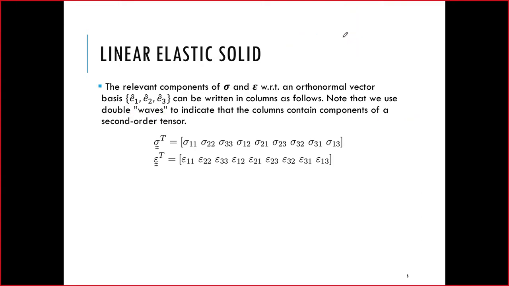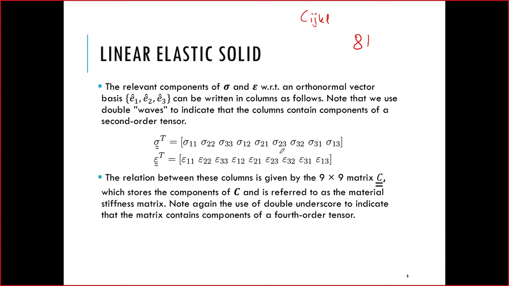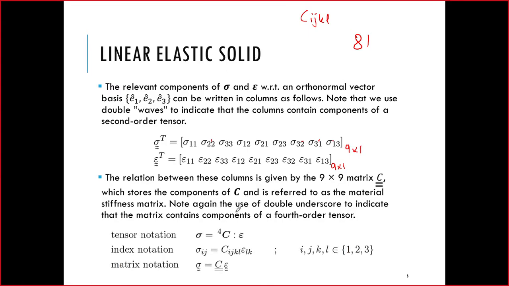Now, there is a reason why we're doing this, because now we can write those 81 components of Cijkl in matrix form. That is, now the 9 components 1, 2, 3, 4, 5, 6, 7, 8, 9 of the stress become a 9 by 1 vector. Then I can actually write down what was my tensor multiplication as a matrix multiplication.